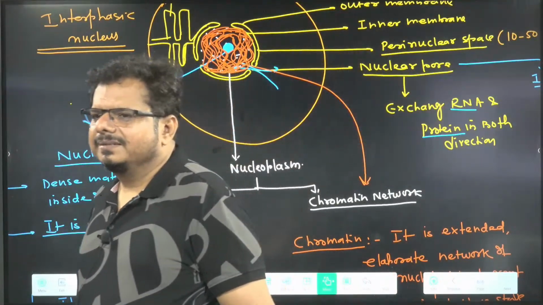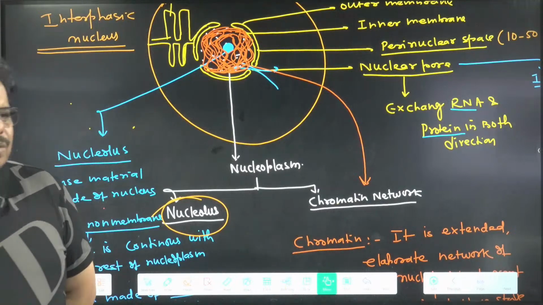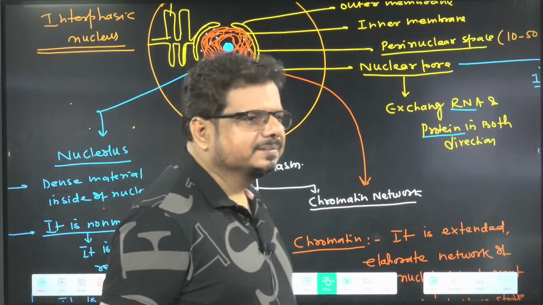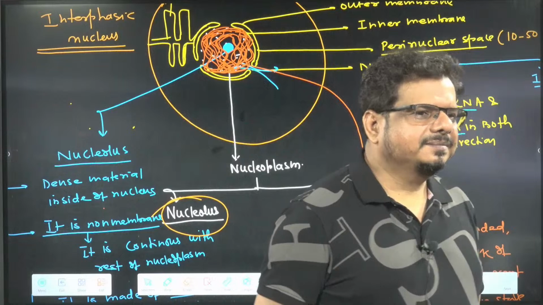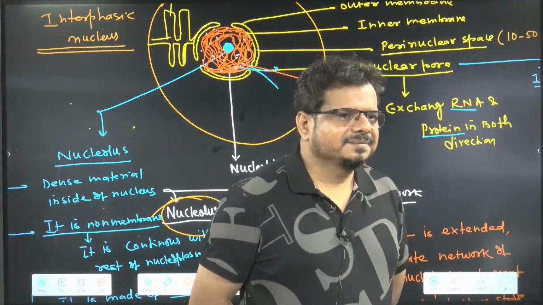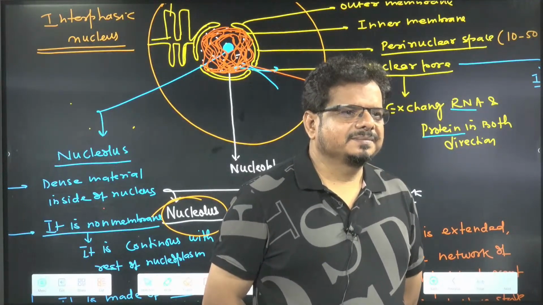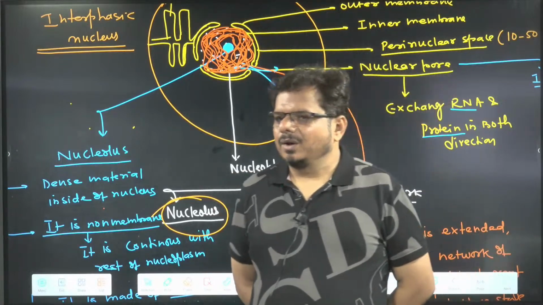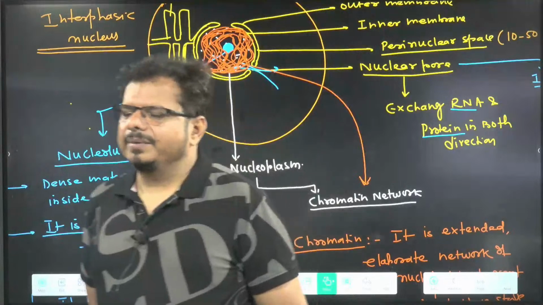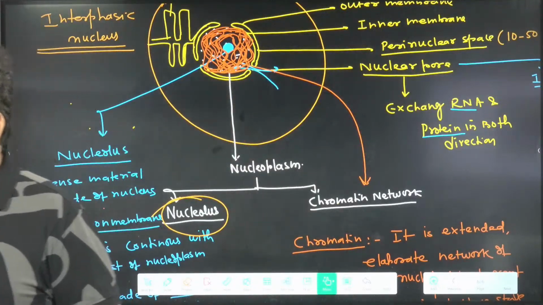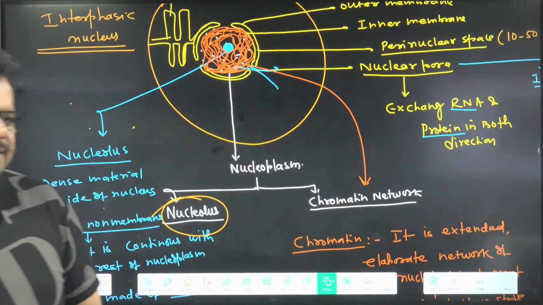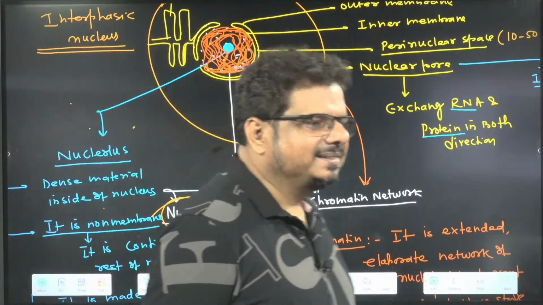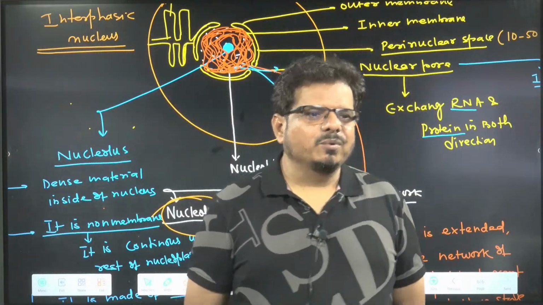Pin your answer. I am waiting for your answer. How many chromatin are there in the chromatin network? One answer came infinite. One answer came 1.